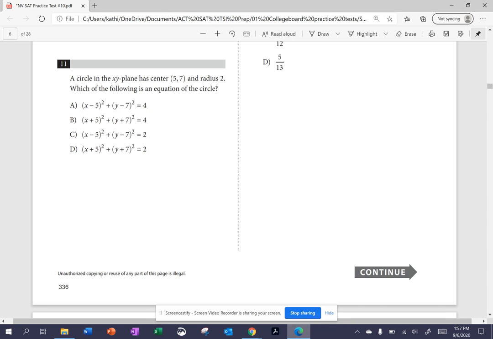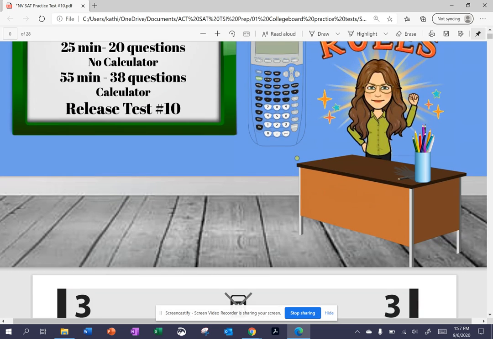A circle in the xy plane has center (5, 7). Oops, not what I want. Hang on.